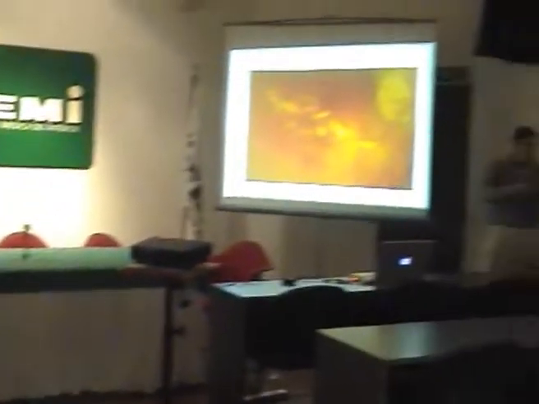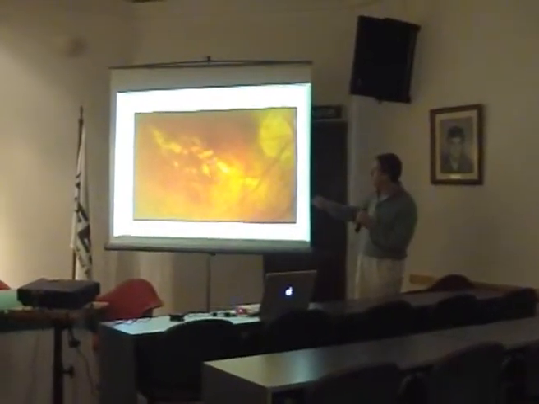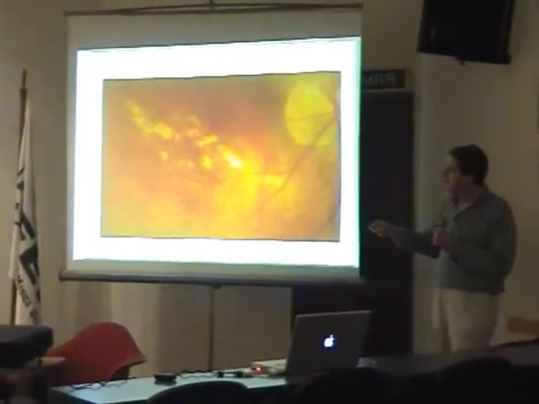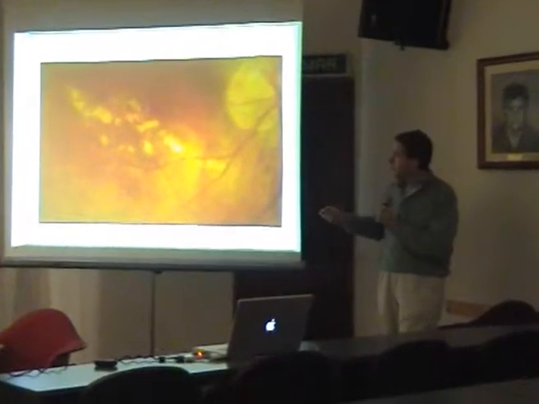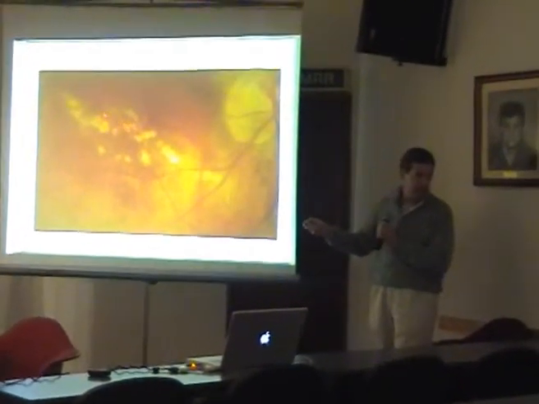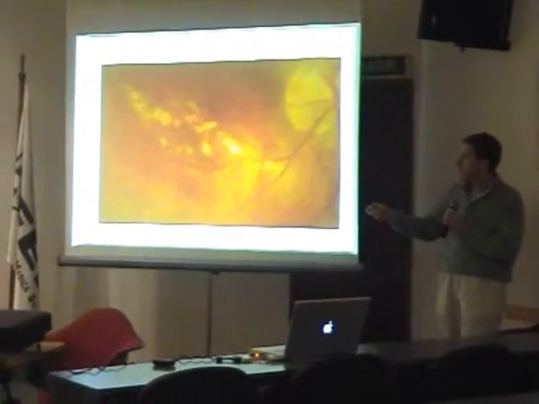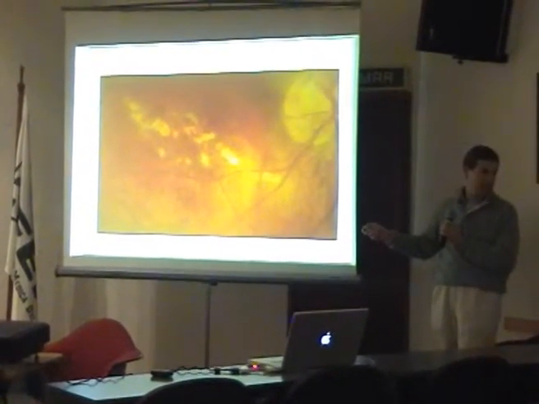This is my case of the last 2 months, because I learned so many things from this case that you cannot imagine. This was a young lady with myopic eyes, with a CNV here, and probably you agree, some atrophic changes here.